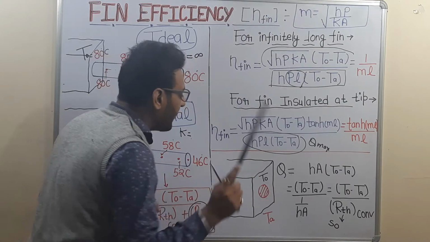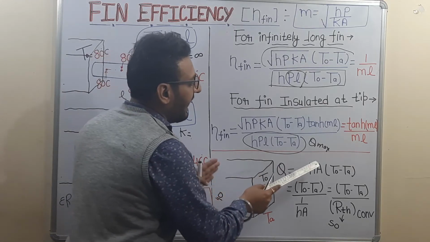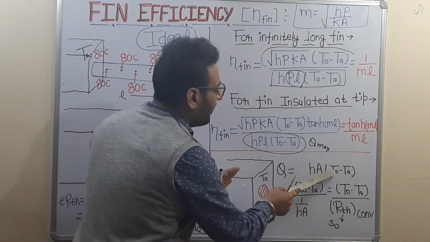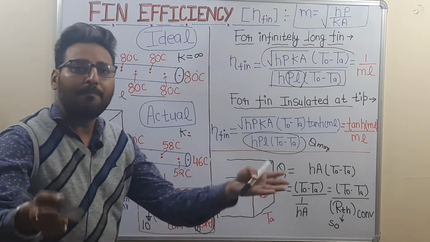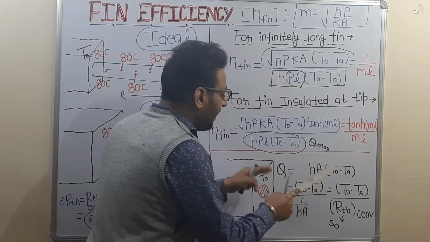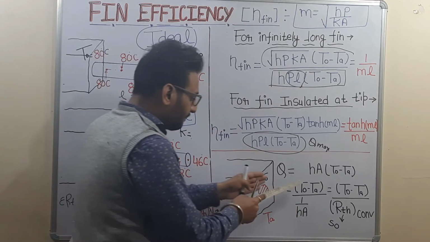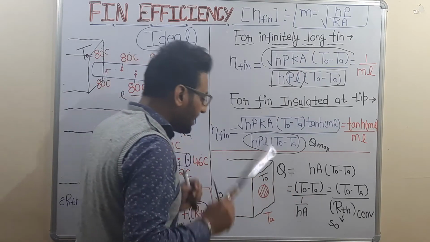Now in the first case, when there is no fin, the heat transfer rate is given by the formula hAΔT, where T naught is the temperature of the wall and T_A is the temperature of the atmospheric air. After rearranging, we get the formula: (T naught minus T_A) divided by 1/hA.